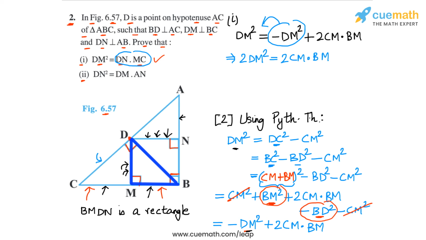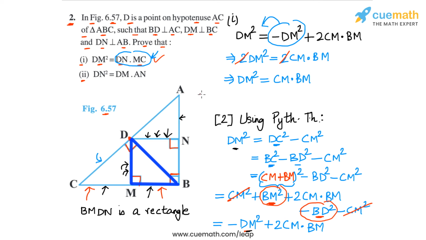And now you cancel out the 2 on both sides because you want an expression for DM square. So you will get DM square is equal to CM into BM. But what you really wanted was DN into MC.